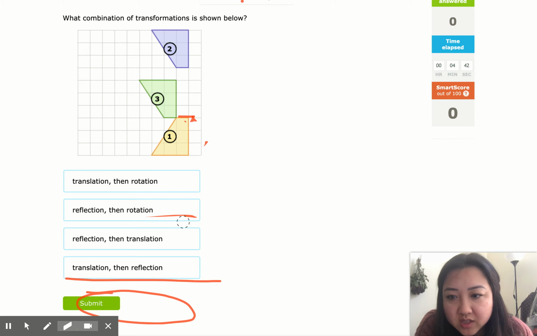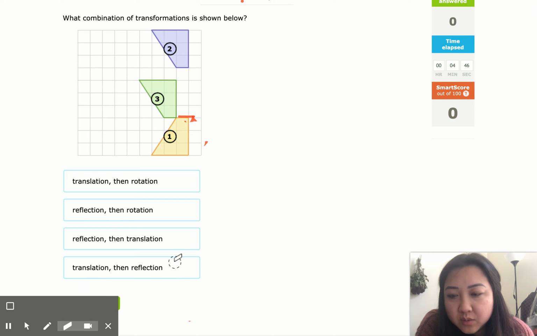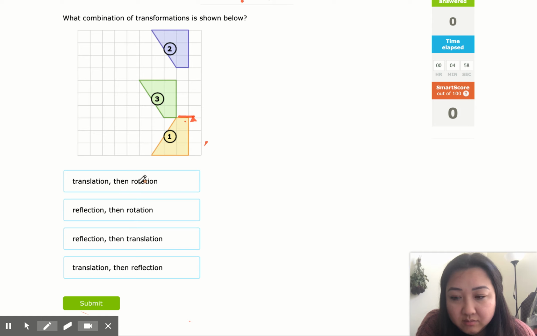So let's look at this. Remember the words translation, rotation, and reflection. So from number 1 here to number 2, what was that? Was that a rotation? Or I'm sorry, was that a translation? And we only have translation or reflection.